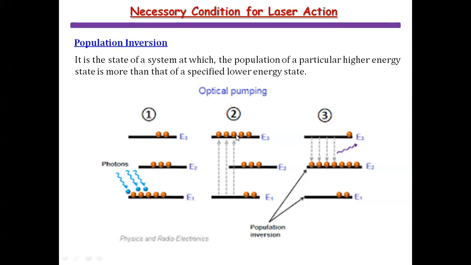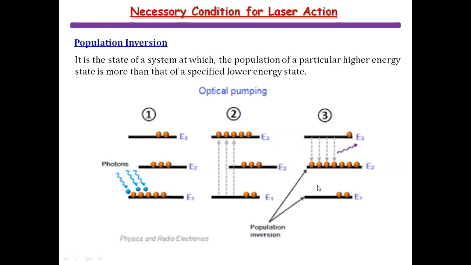Now, these atoms in the E3 ordinary excited state rapidly fall to the metastable state, and now we have achieved population inversion. The atoms in the excited state are more than the atoms in the ground state. This is known as population inversion.